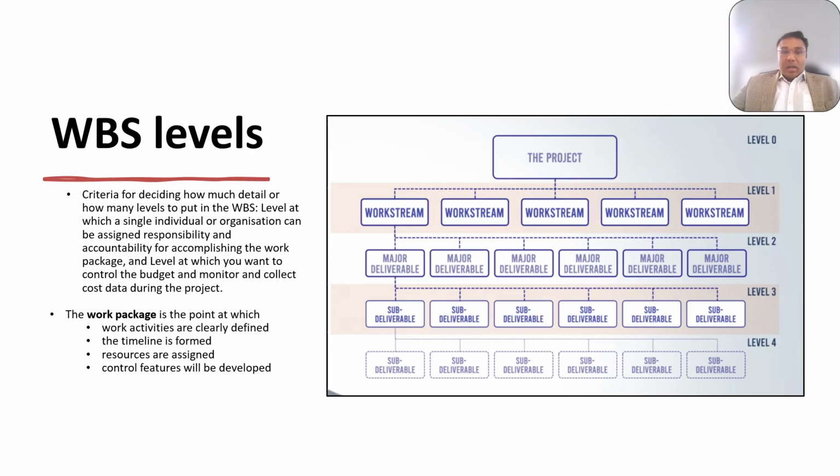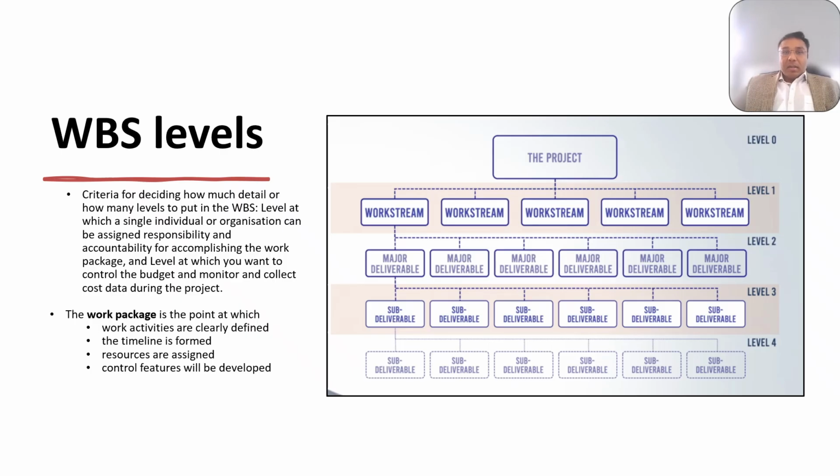Let's see what WBS levels are: what level we can go to define your activities and tasks. Deciding how many levels to include in a WBS depends on how much control and detail you require. Typically, a WBS has several levels, with the most common probably having 3 to 6 levels.